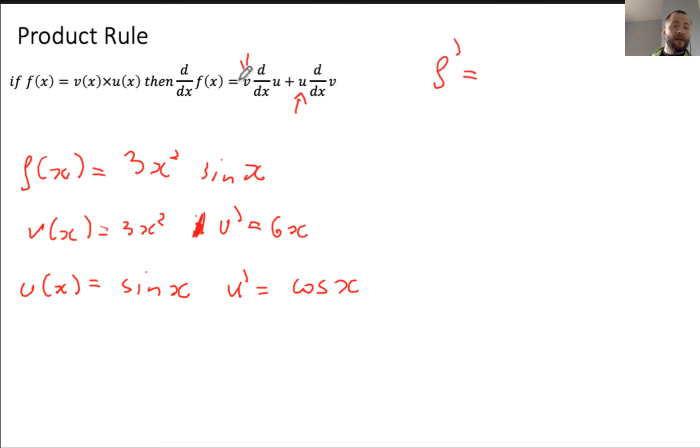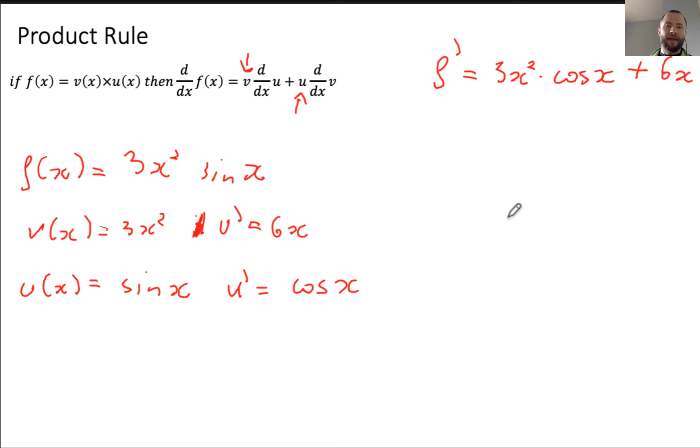it is the first function multiplied by the derivative of the second one. So the first function is 3x squared multiplied by the derivative of the second one, so that's cos x. And then we add the derivative of the first one multiplied by the second one, so that's 6x sine x.